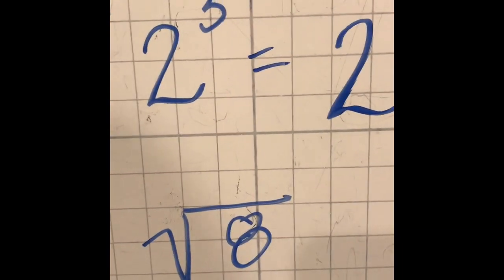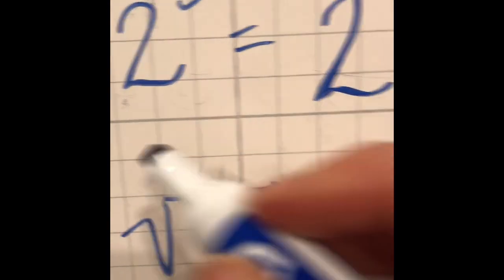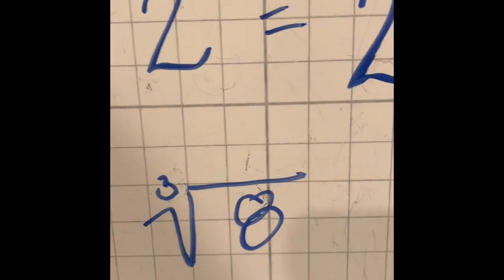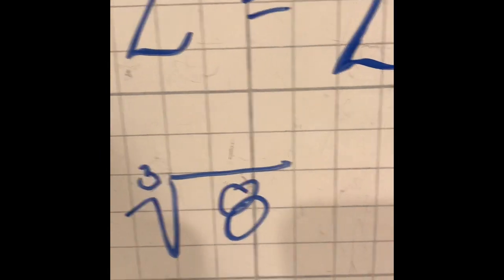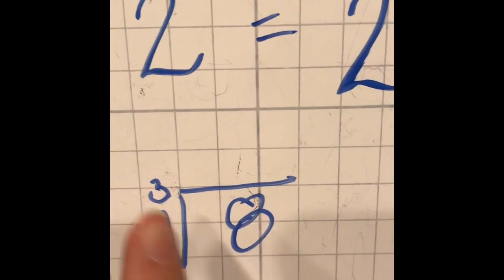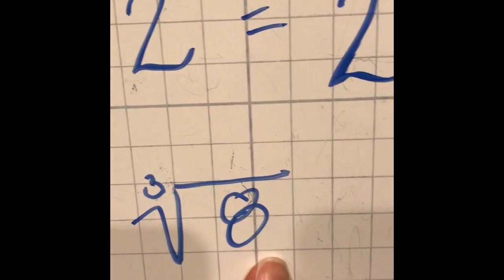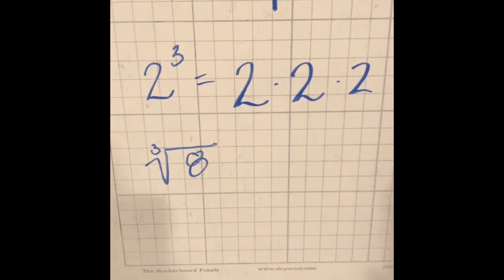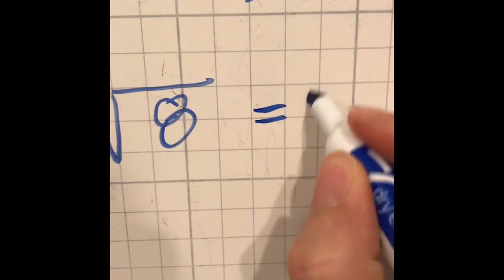So we can call it the nth root, any number. If we have the cube root, that means what number times itself 3 times would get us that answer. The cube root of 8 would equal 2.